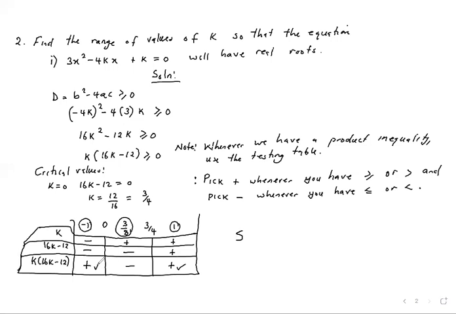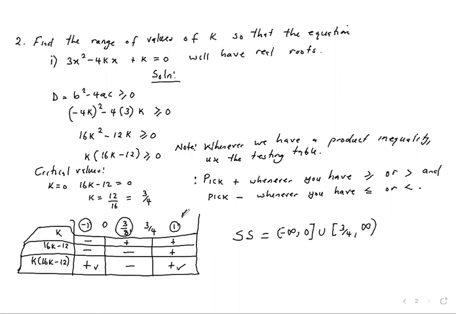So we'll say the solution set is equal to -infinity all the way up to 0, included, union, including 3/4 all the way up to +infinity. So you must always use the critical values to form the solution and not the numbers you pick for yourself.